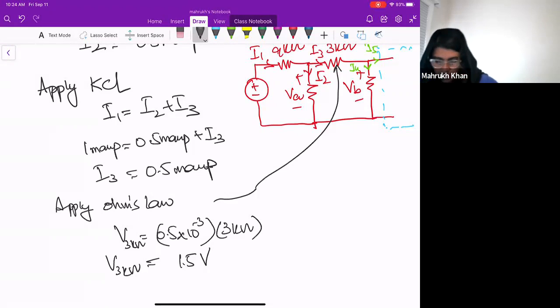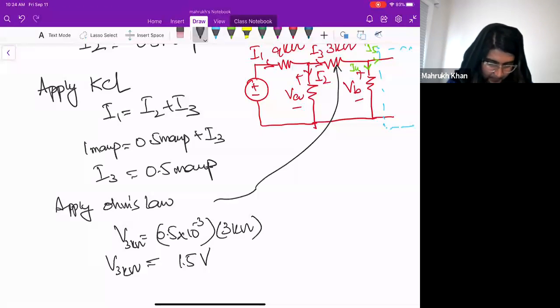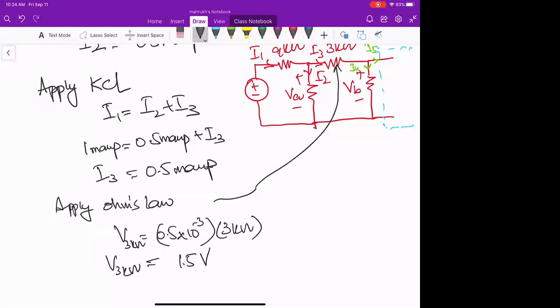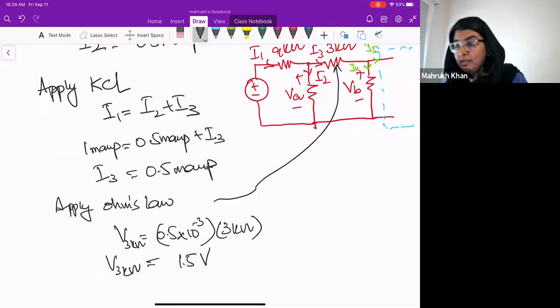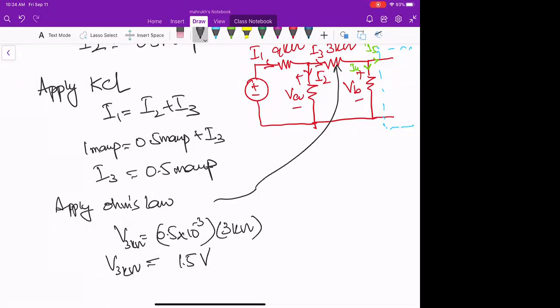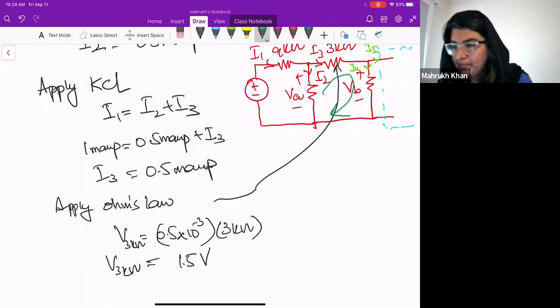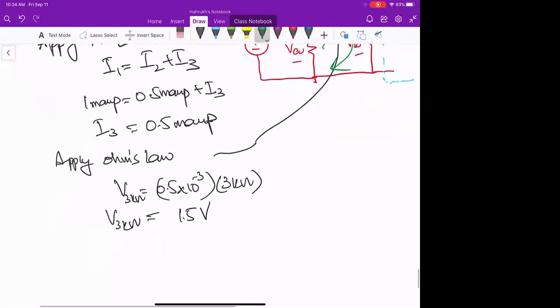What do you think? How should I find VB? Using KVL. Yes. So I know all the voltages except VB, in the loop that we'll be using. Yes. So in this loop, I know all the voltages, right?